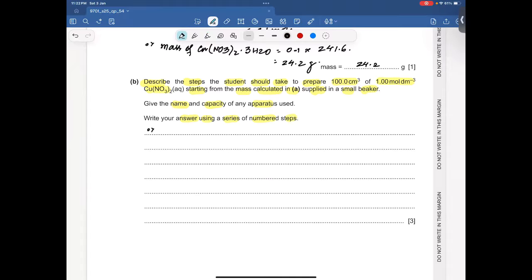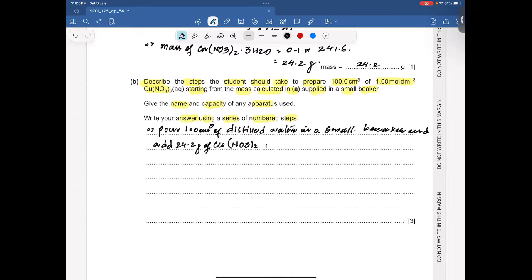So first step, pour 100 cm³ of distilled water in a small beaker and add 24.2 gram of copper nitrate in it.